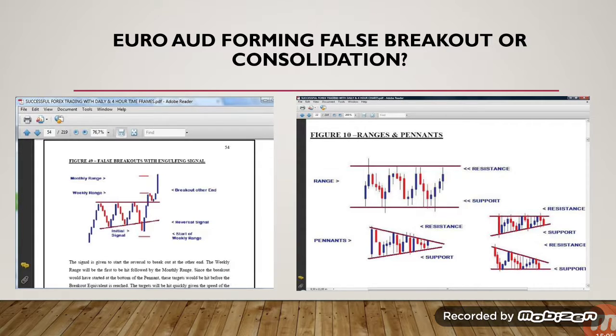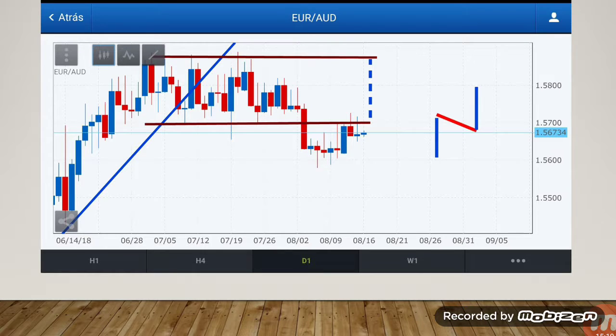Euro Aussie dollar. This is a situation in which the market could either be forming a false breakout reversal, or it could be in the early stages of starting a consolidation breakout. Here you can see the setup where the market has formed this range setup following this sharp bullish wave, and the possibility here is that the market could actually rally.